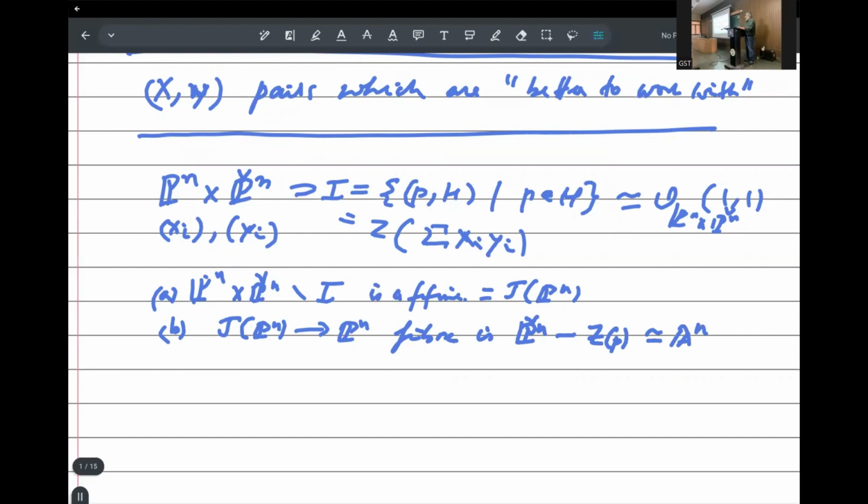it's just a linear subspace given by sigma xi equal to 1. Okay. Sigma xi equal to 1 is an affine space, so you can think of it that way.